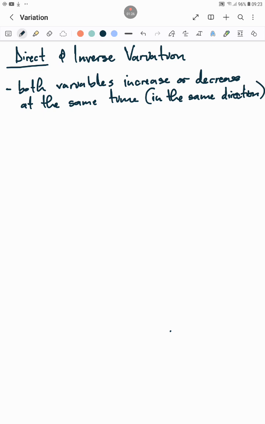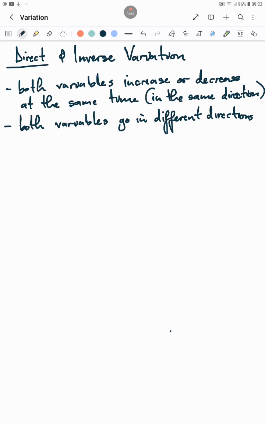And under inverse variation, both variables go in different directions: as one increases, the other decreases.